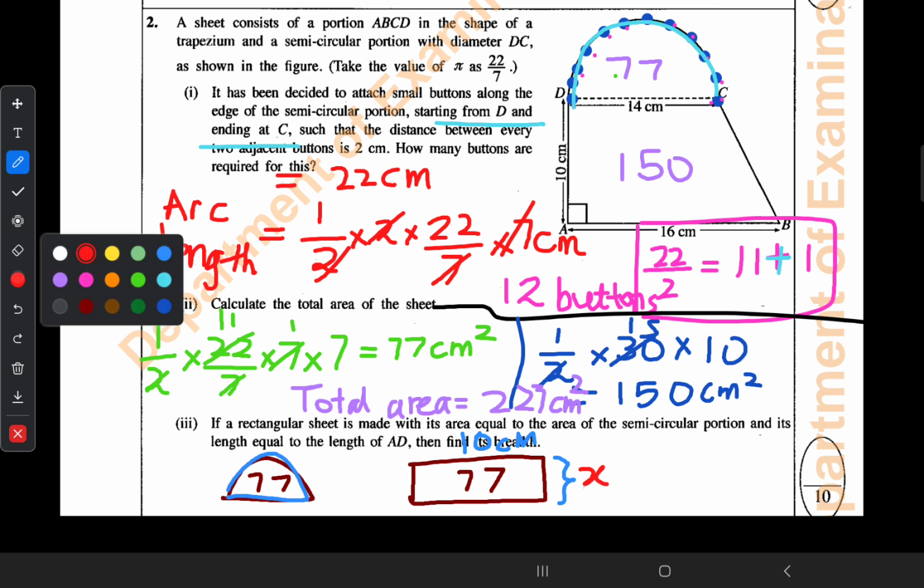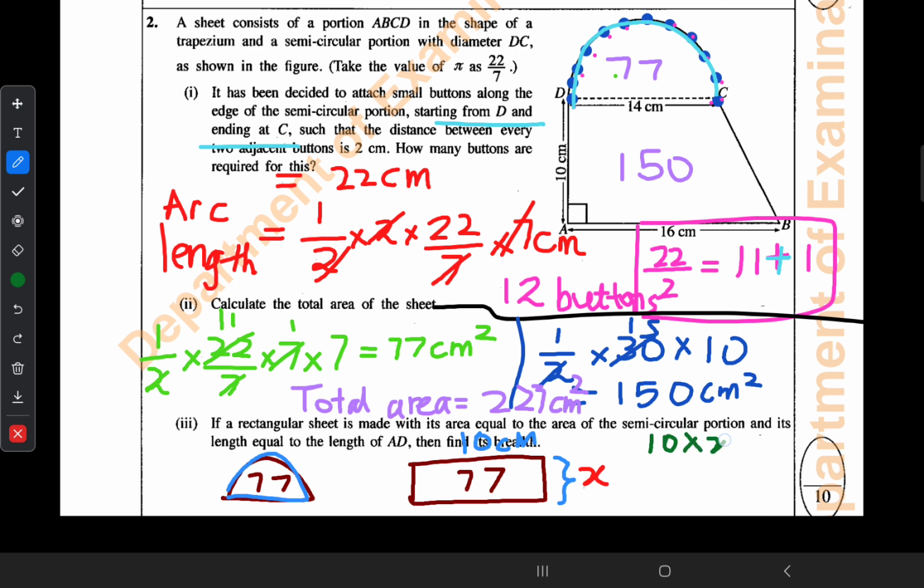Length into breadth, 10 into x, would be equal to the area of this rectangular portion. So x would be 77 divided by 10, that will give you 7.7 centimeters. 7.7 centimeters is the breadth of the rectangular sheet which we are going to consider.